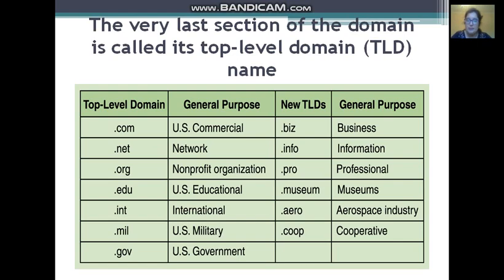The second is the general purpose TLD. The last column is the general purpose. .com is commercial business, .net networking, .info information, .org non-profit organization, .pro professional, .edu educational, .museum museums, .int international, .aero aerospace industry, and .coop cooperative. That is about the domain name.